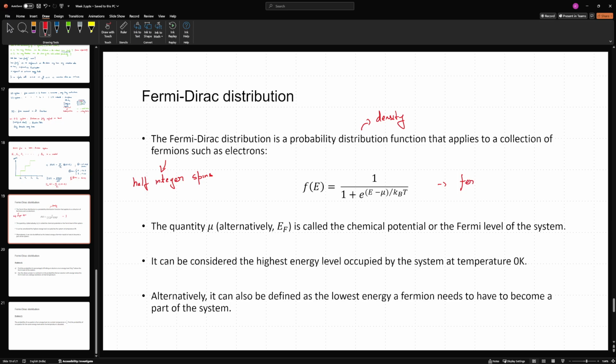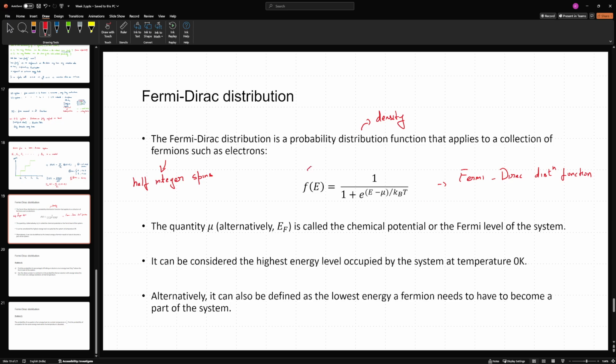So when we have that, we have this particular function called the Fermi-Dirac distribution function, or alternatively just the Fermi function. And this gives me some value f of E. Now what is f of E? f of E tells me the probability of finding an electron between energies E and E plus dE.